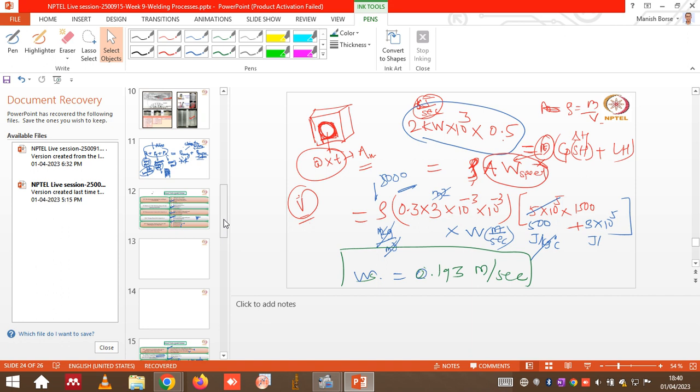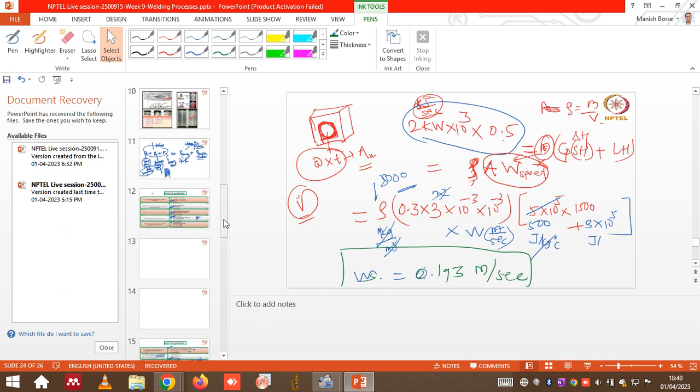Actually, I solved that numerical in two ways, like using the simple equation VI divided by welding speed, the conventional equation we have seen in MMAW. But the problem is they already mentioned the length of the weld also, right?